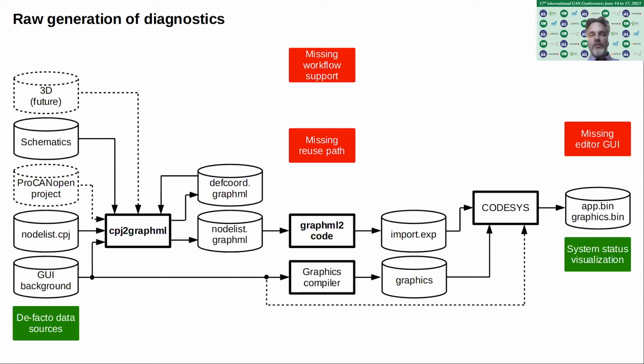And we have been able to generate the user interfaces where the system status visualization applies. But the main problem is that there's no workflow support, there's no reuse path, and what is most problematic, there has not been any user interface for adjusting screen coordinates.